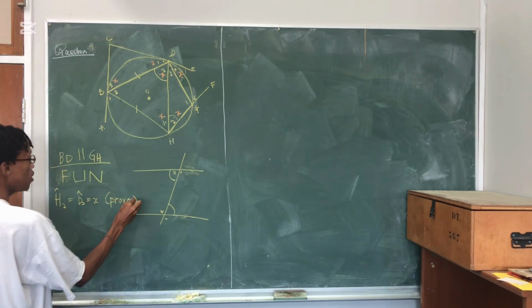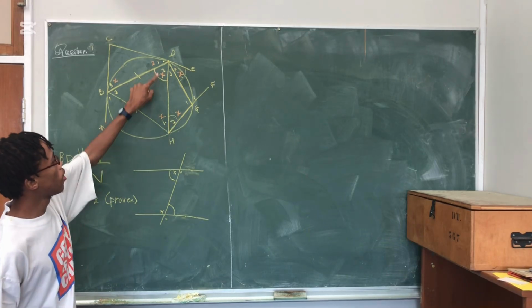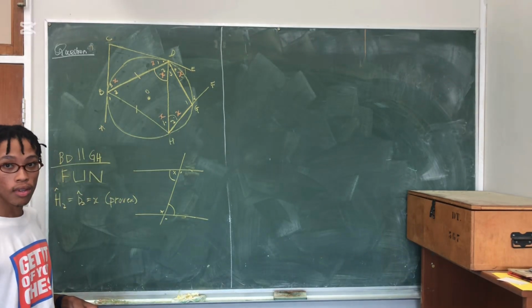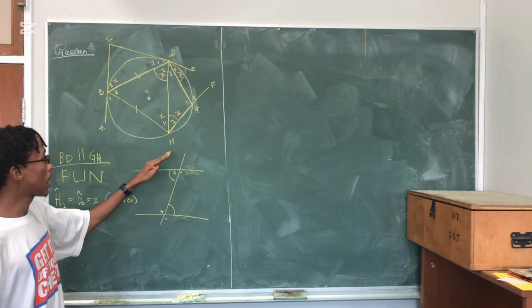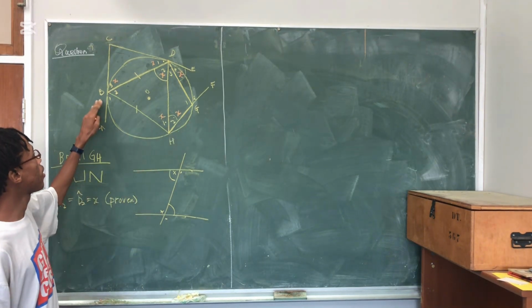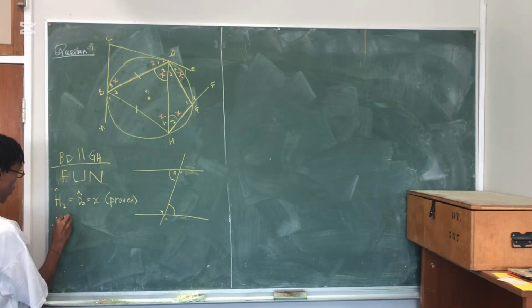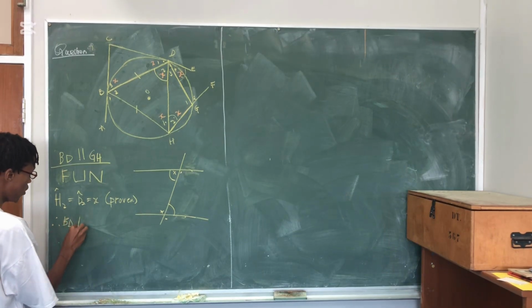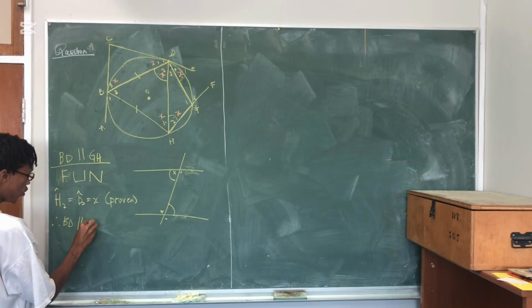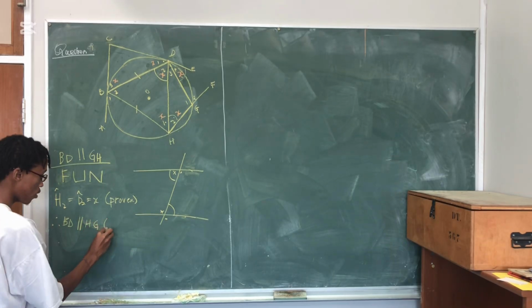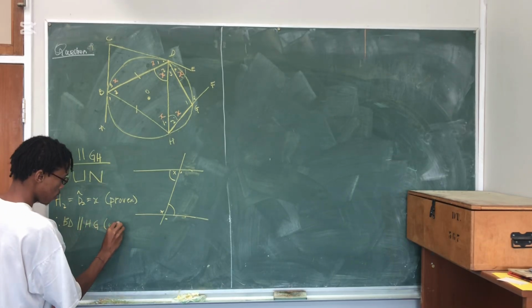And because these two angles are equal, then HG should be parallel to BD. Therefore, BD is parallel to HG. Why? Because of alternating angles.